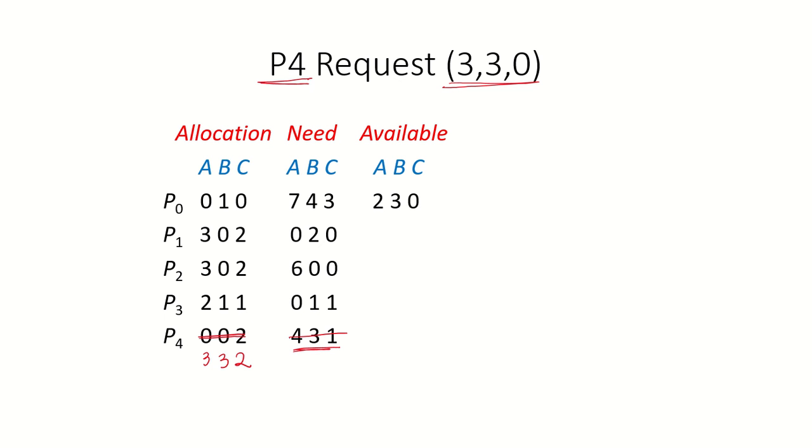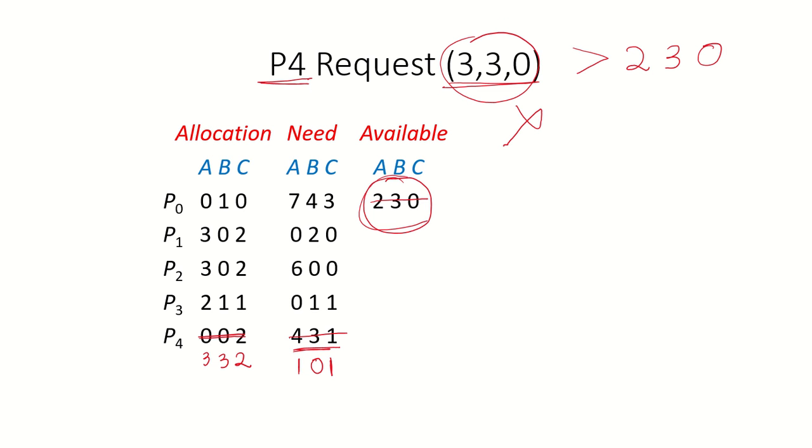Its need would be subtracted by the request, which would be 1, 0 and 1. Now if you see the available, the request is more than the available. So this is greater than 230. As it is, this request cannot be considered because it is more than the available.